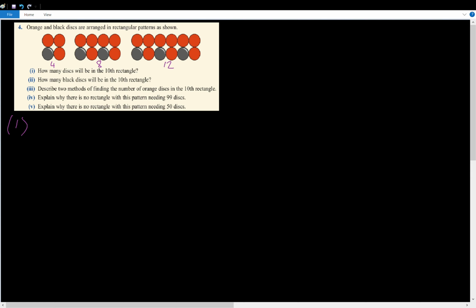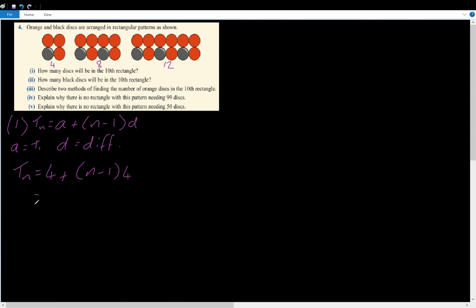The general term of a sequence is found using the formula a plus n minus 1 multiplied by d, where a is term 1 and d is the difference between the terms. So from our sequence up here, Tn is going to be equal to 4 plus n minus 1 times 4.